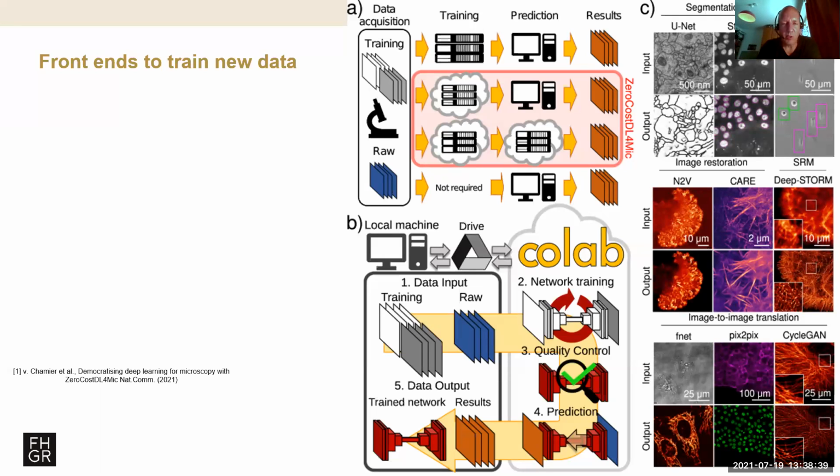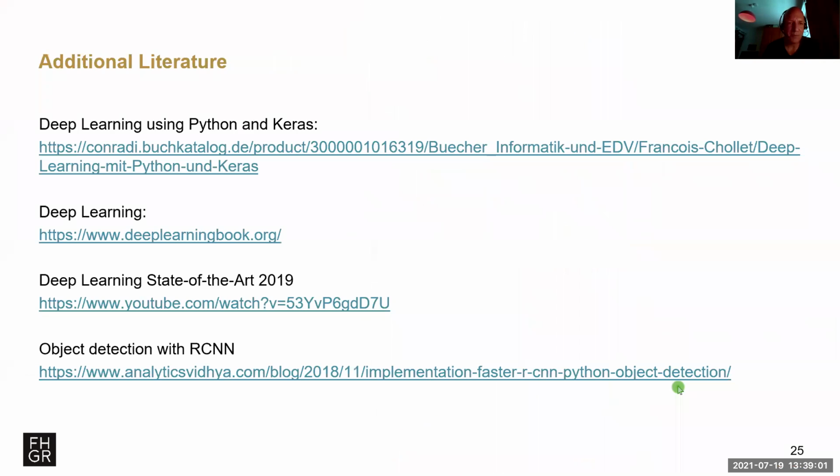I think Google outperforms many other competitors in that respect. But the disadvantage with Google is that you essentially hand over your data to Google. So if you have an industry project, you can't do that, right? But apart from that, you can then train your network and obtain nice results as are being shown here.